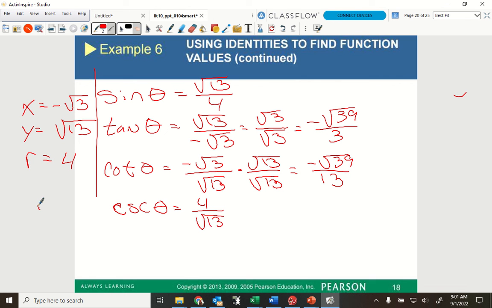Now this one here, I'm going to rationalize, but I have a rational and a non-rational, so when I rationalize, I just put those together because I'm multiplying them. Since they're not both radicals, I can't multiply them inside together. So I'm going to come up with 4 radical 13 over 13.